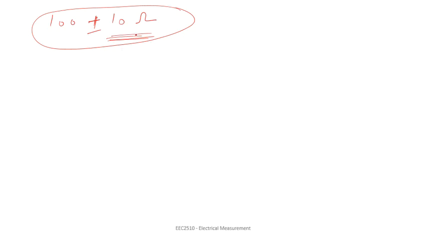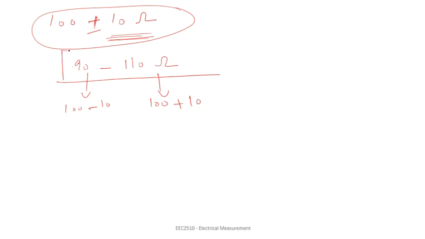So what will it mean? The value of this resistance will be in between 90 to 110 ohm. 90 means 100 minus 10, and 110 means 100 plus 10. So the value of this resistor will be in this range, that is 90 and 110 ohm.